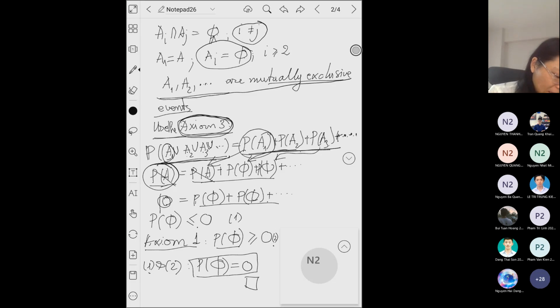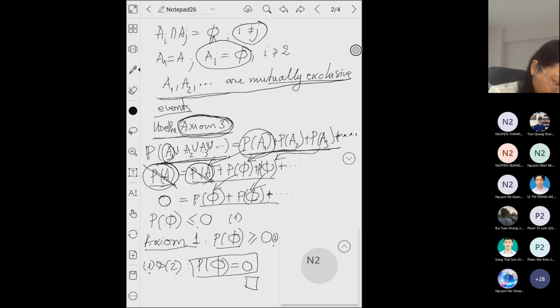So we eliminate the probability of A in both sides. So it equals 0, 0. Eliminating here, we have a 0, eliminate 2. So we have the probability of the empty set plus the probability of the empty set, infinitely. From this, the infinite sum of the probability of the empty set equals 0.